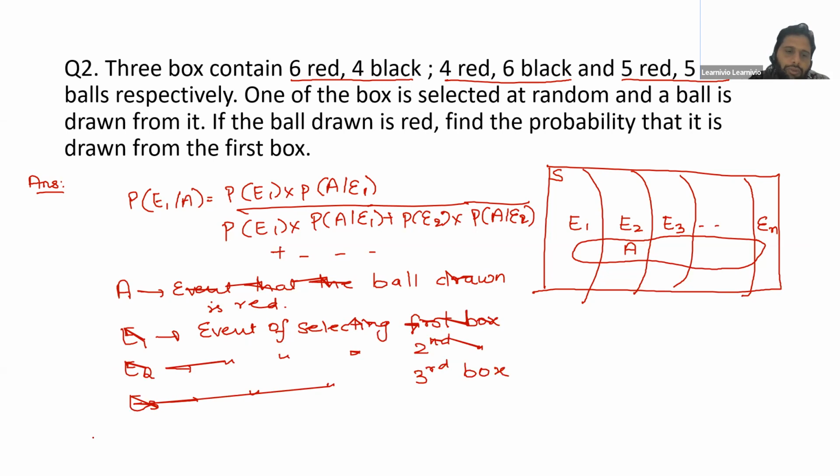Now what they are saying in this question, if the ball drawn is red, it is already given that the ball drawn is red, find the probability that it is drawn from the first box. So that means they're asking this one.